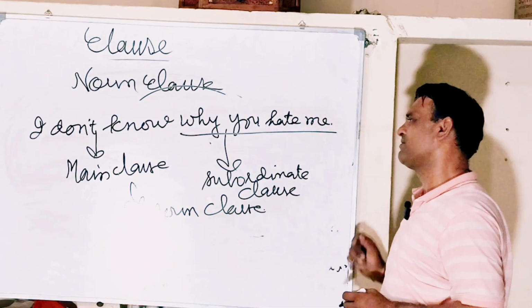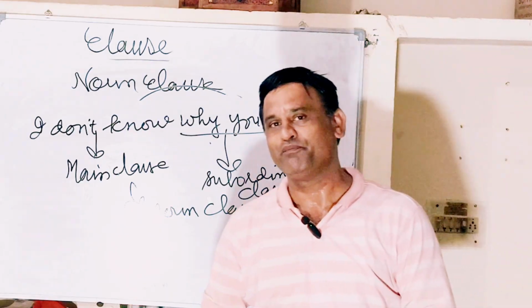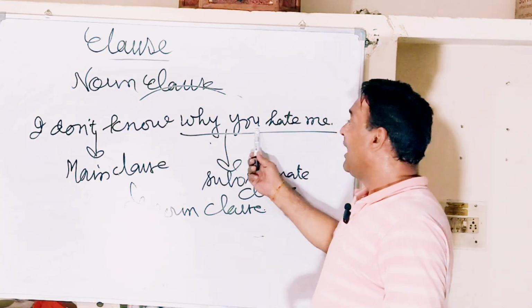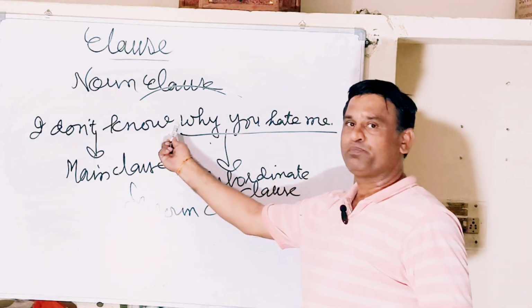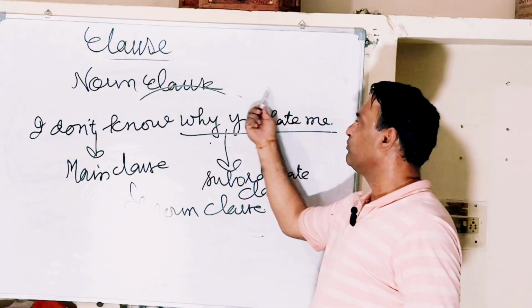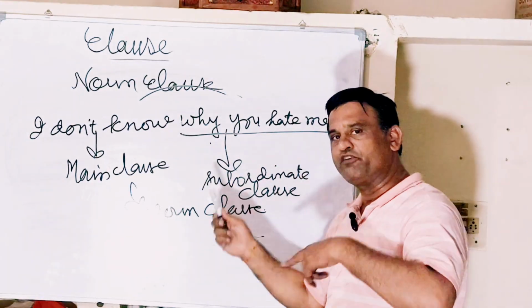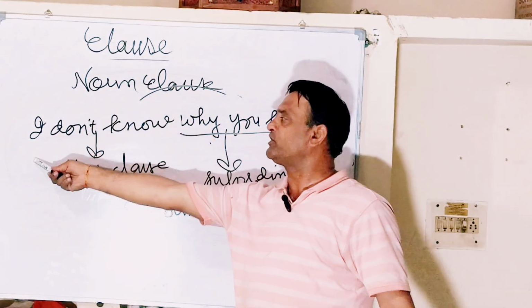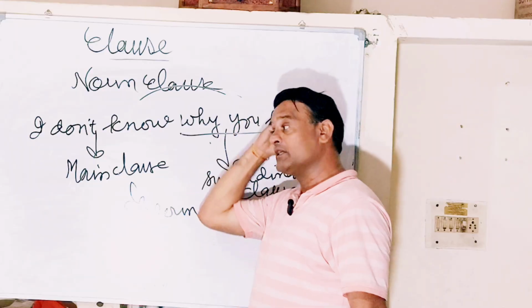See, why you hate me? What I don't know, why you hate me. And you can reverse the sentence: why you hate me, I don't know. It is a noun clause.